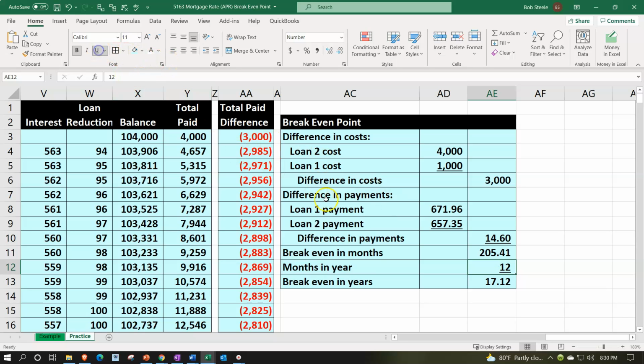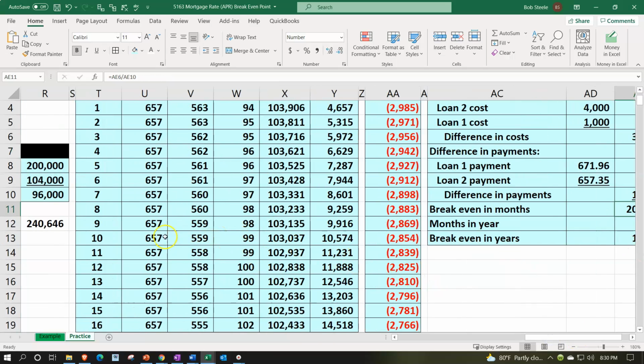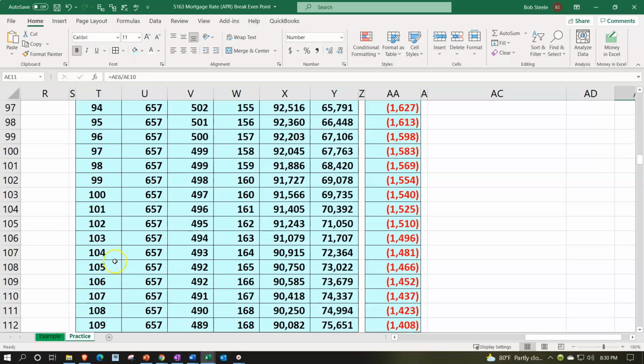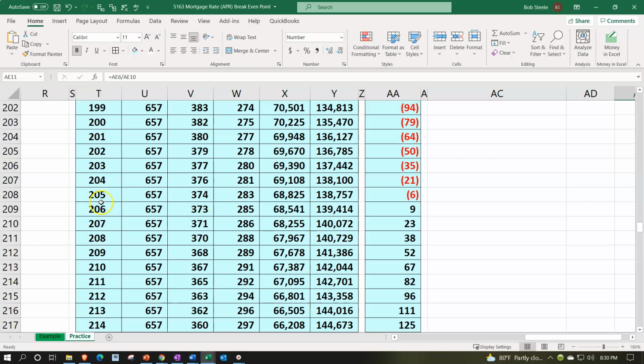And you can see that 205.41, 205, 206 is our number of payments all the way down here, and that's when it flips. So in 205, 206, somewhere right between there, we have approximately the same loan amount. So you can imagine at this point, if we sold it for the 200,000, we would in essence have the same loan amount here, right?